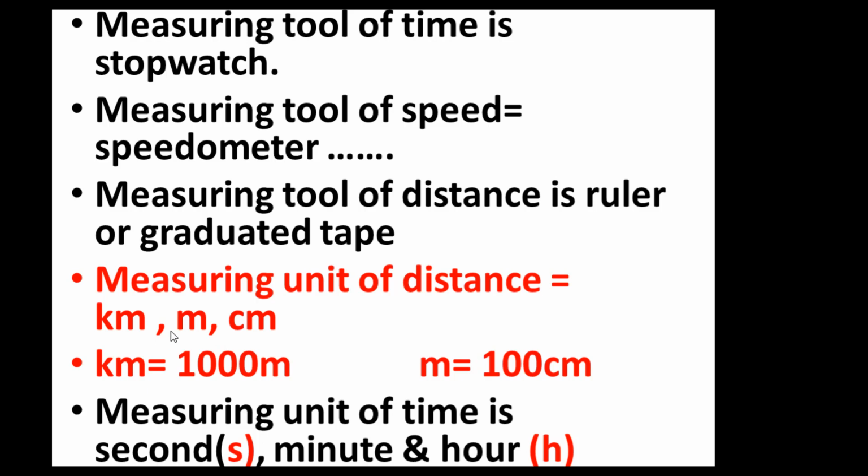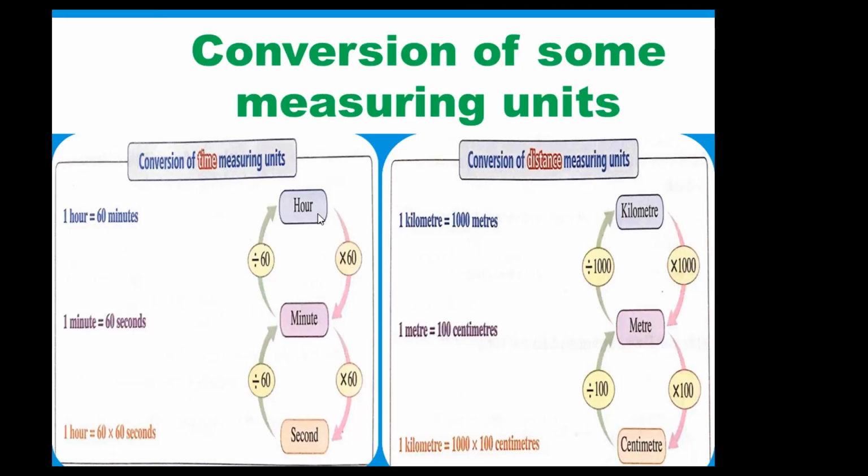But notice that kilometer equals 1000 meter, meter equals 100 centimeter. The measuring unit of time may be second, minute, and hour. Notice that hour equals 60 minute, minute equals 60 second. To change hour to minute, multiply by 60; from minute, large, to second, small, multiply by 60.